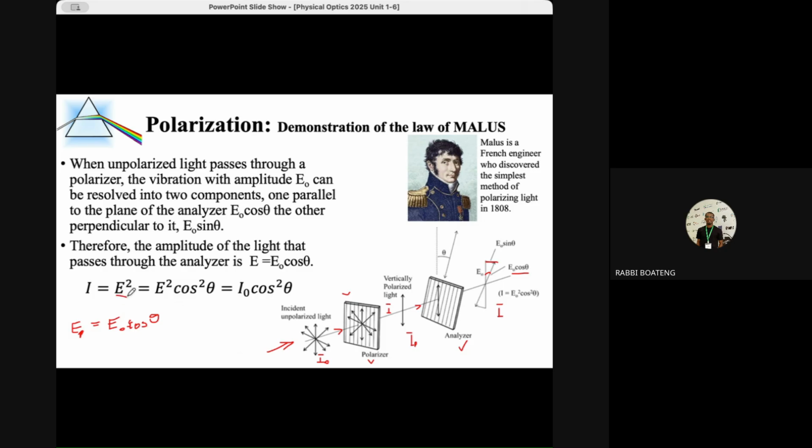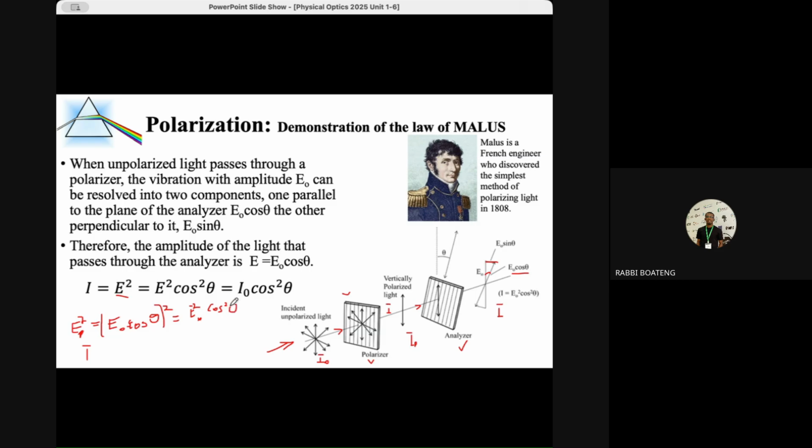So if I want to find the intensity that I am interested in, it means that I have to square this. Is that okay? And in the process of squaring this, I have to square this whole thing here. Is that okay? And at the end, I will get my E naught squared cos squared theta. Is that okay?